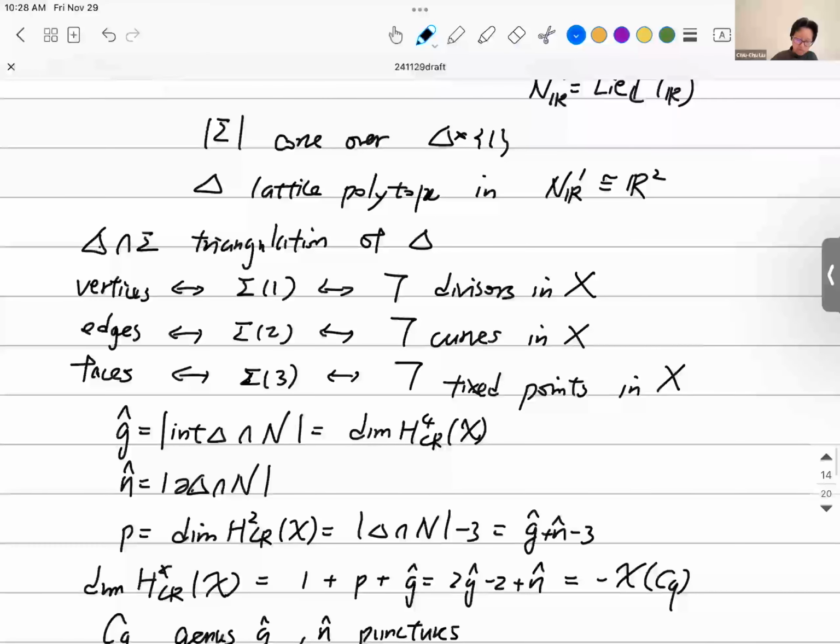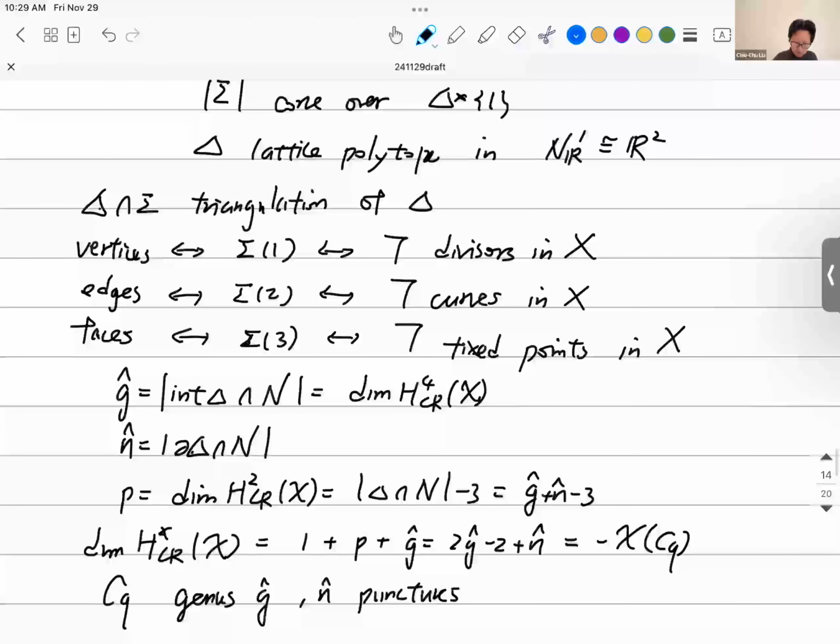In the orbifold, the torus fixed points are possibly stacky points. So here are some combinatorics. If you take the interior lattice points of this polytope, we call G hat the number of interior lattice points. They actually coincide with the fourth Chen-Ruan cohomology of the original toric Calabi-Yau threefold.